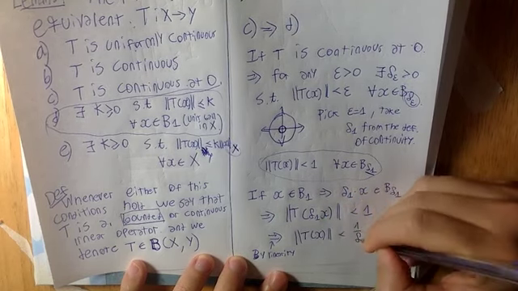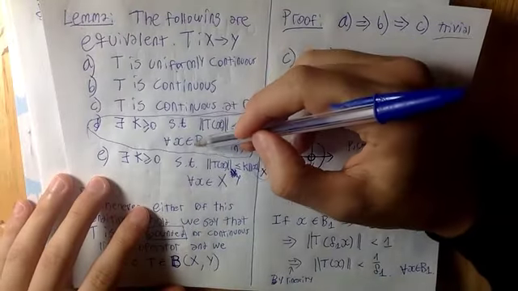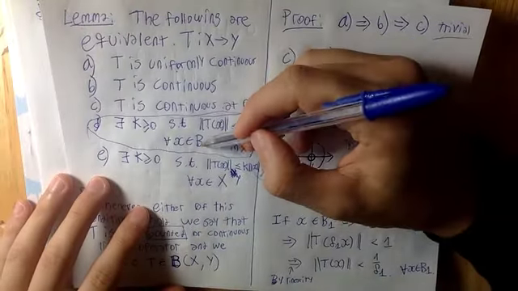Now, what happens with D implies E? Here we have boundedness in the unit ball, which implies that there exists a constant k such that the norm of T of x is less or equal than k times the norm of x.